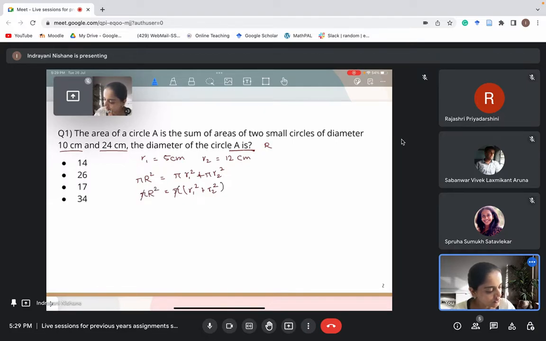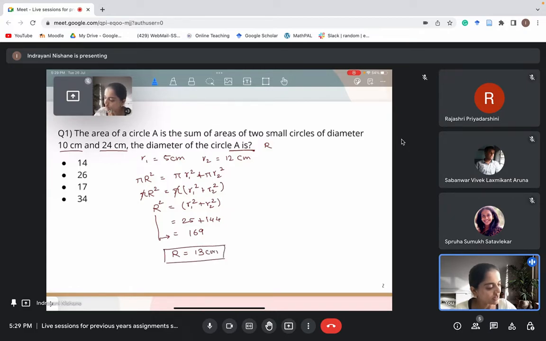right? So we have simplified, capital R square is sum of R1 square plus R2 square, which is 5 square 25 plus 12 square 144, which comes to 169. So R square is 169, which gives us radius of 13 centimeter.